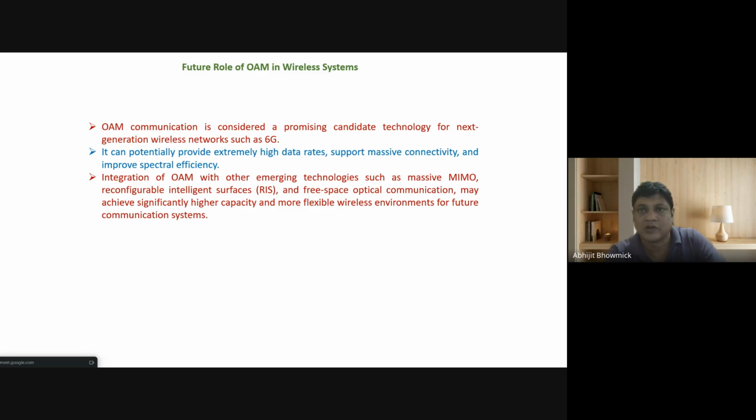So we can use more number of modes to accommodate more number of users, and you may make the spectrum more efficient. Integration of OAM with other emerging technologies such as massive MIMO, THz communication, RIS that I already discussed, and free space optical communications may achieve significantly higher capacity and more flexible wireless environments for future communication.